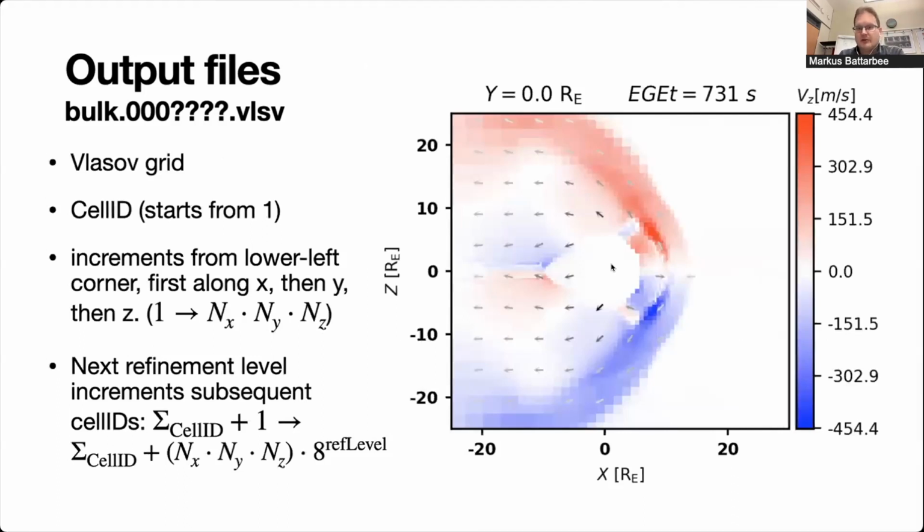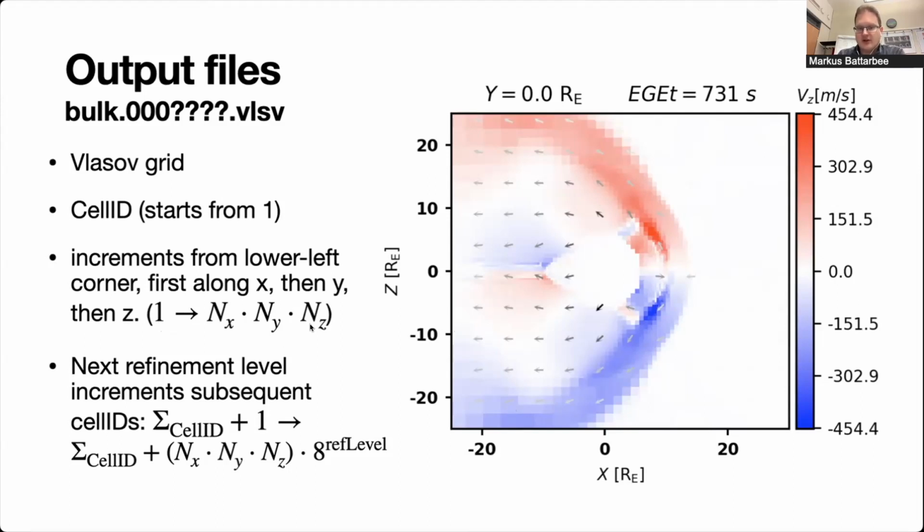So an example, this is from Analysator, a Vlasiator grid plot, where we've got the cell IDs, which have been reordered into this plot, so that we can actually see them in order on screen. Cell IDs start from the lower left corner and increment first along X, then Y and Z. They start from 1, not 0.